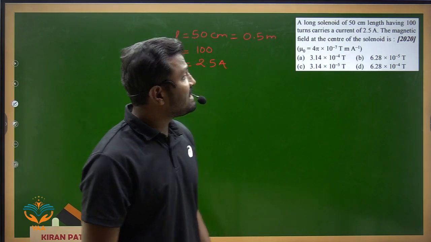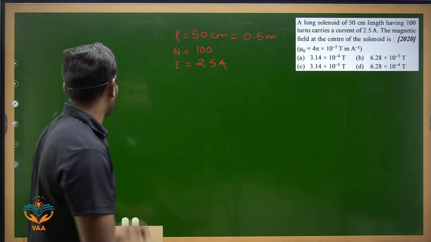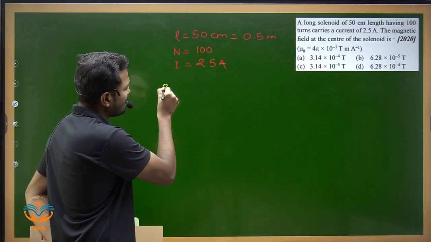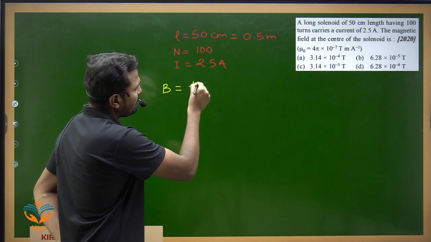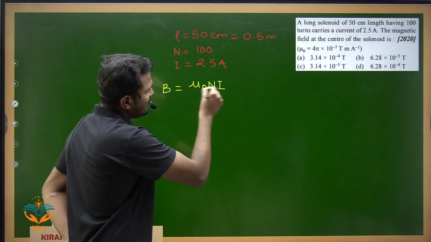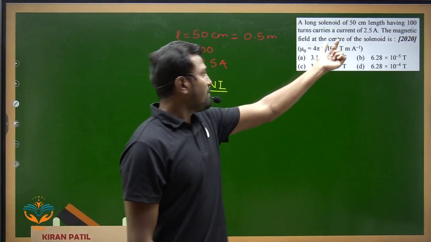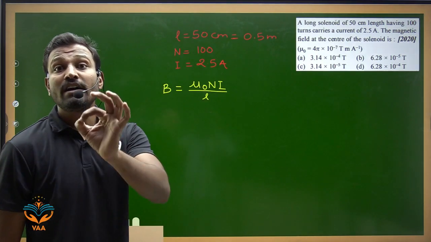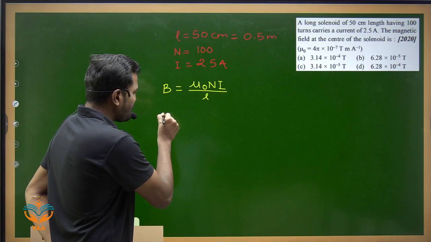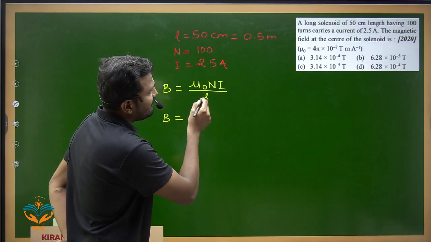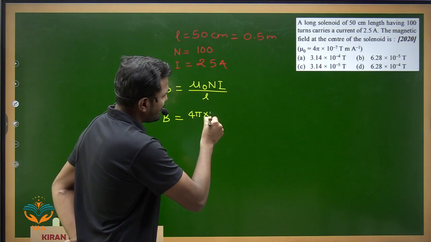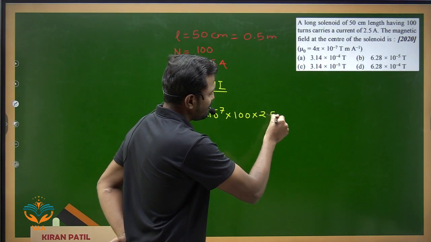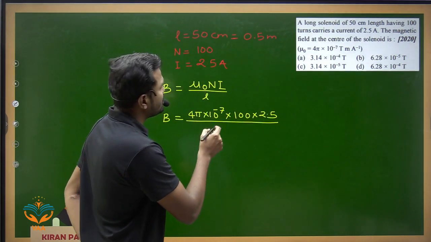Now, the magnetic field at the center of the solenoid is asked. I know the equation: magnetic field B is equal to mu naught N I divided by L. So B is equal to mu naught, whose value is 4 pi into 10 to the power minus 7, into the number of turns 100, into current 2.5, divided by the length 0.5.